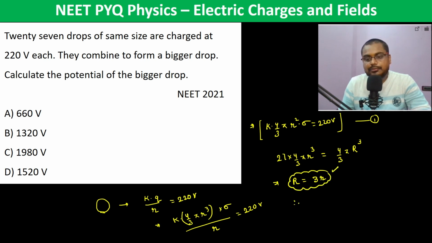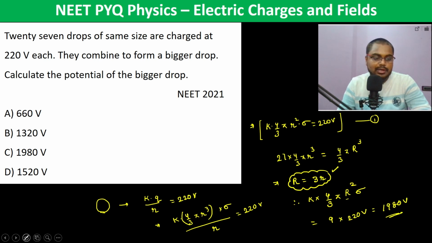So the potential is going to be k into 4 by 3 into pi into R square sigma. So this R is 3r, therefore 9 times 220 volts, which becomes 1980 volts. So therefore the answer is going to be C.